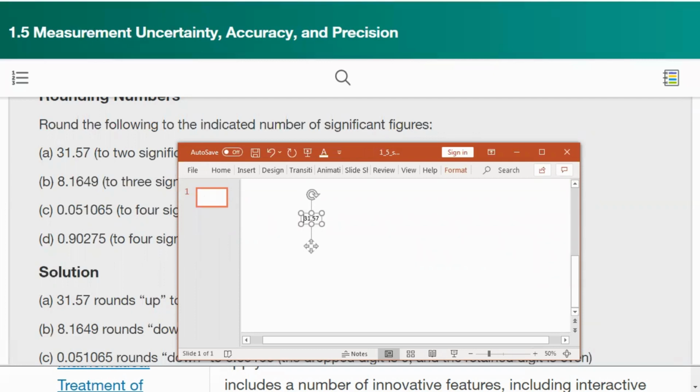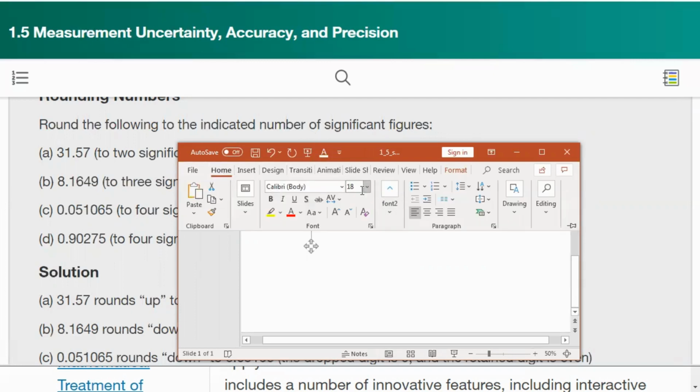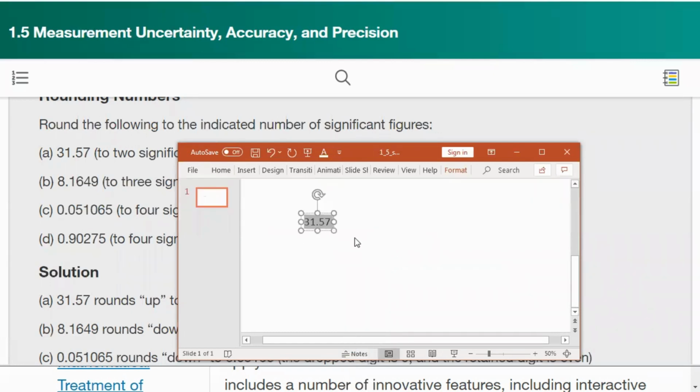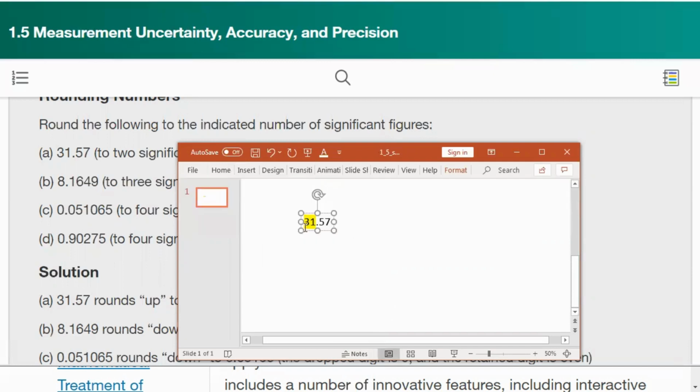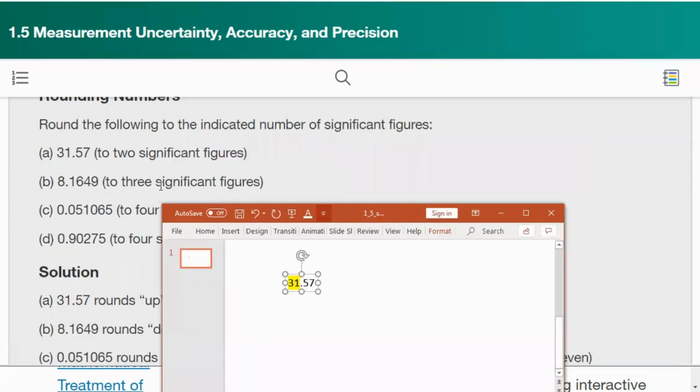So I think what I'll do is colorize some parts. In the interest of time, I don't think I can do this for everything, but we'll try to do a little bit anyway. So I put in yellow, it says round the following to the indicated number of significant figures.